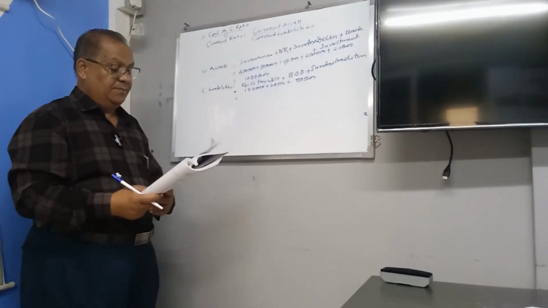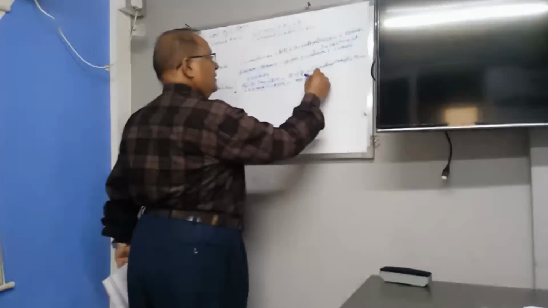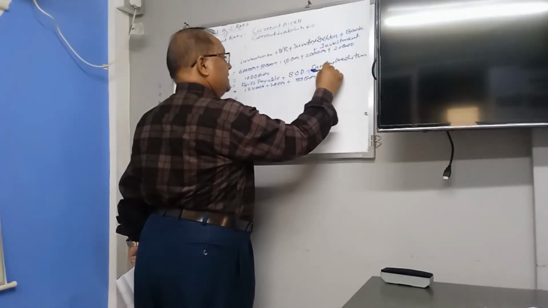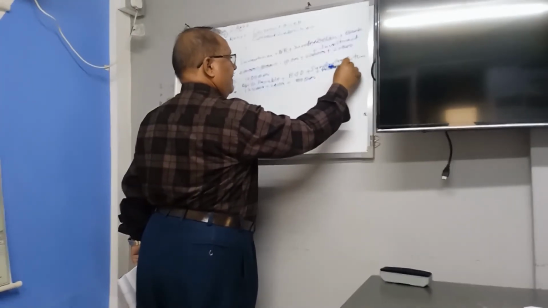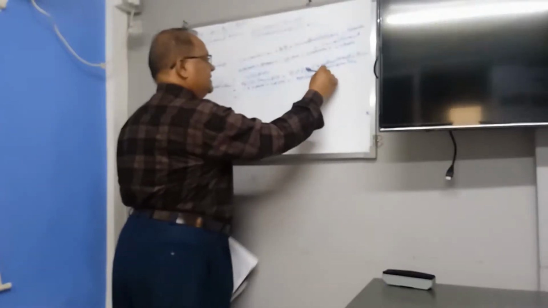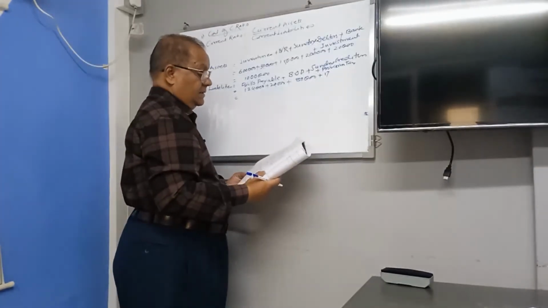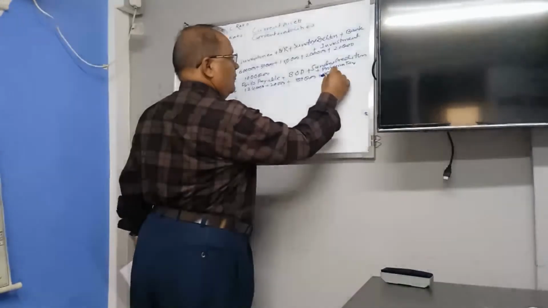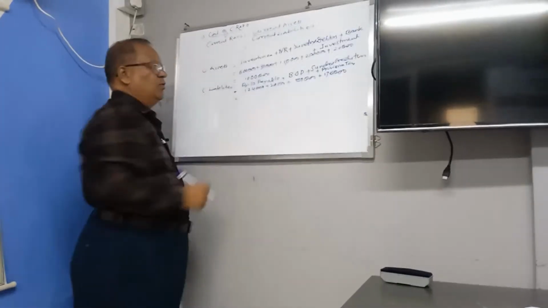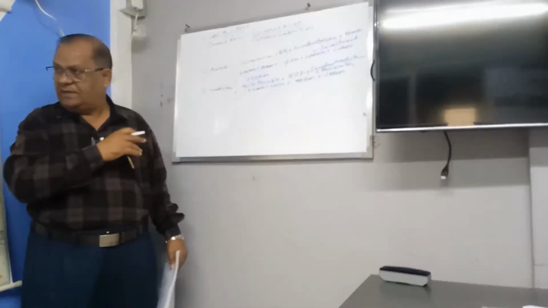Then provision for taxation, 1,76,000. What is this total? It comes to 4 lakh.